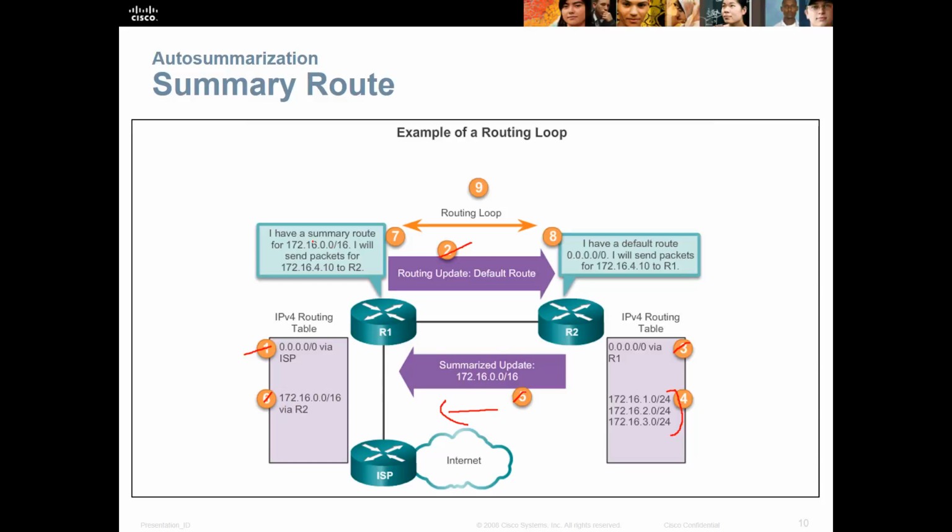We look at the information and then process it. It starts looking at the default routes, realizes it has a routing loop, and then recognizes that there is an issue here with the routing loop. That's one of the problems with our summarization.